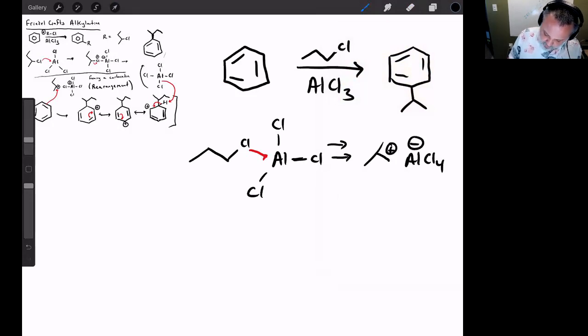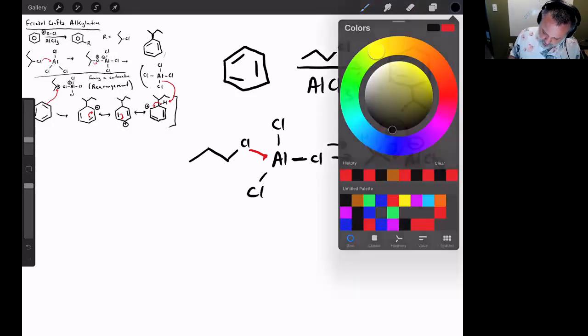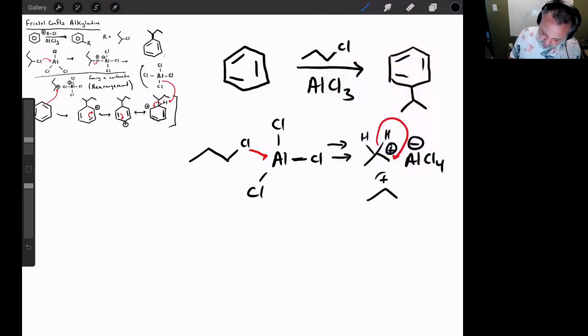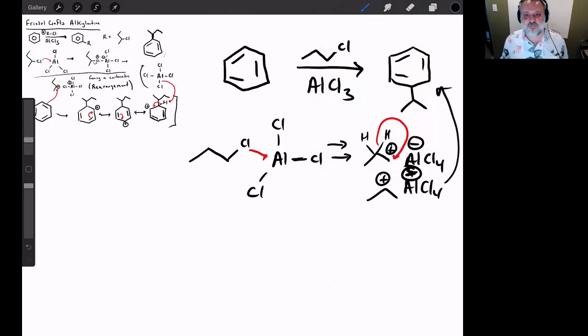And then this carbocation will undergo a hydride shift to form a secondary carbocation counterbalanced with AlCl4. And so this is why I get this product rather than the primary product that I'm looking for.